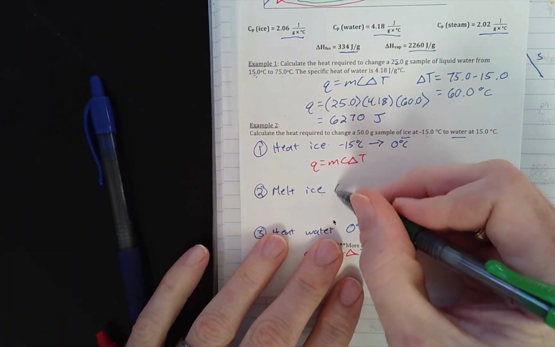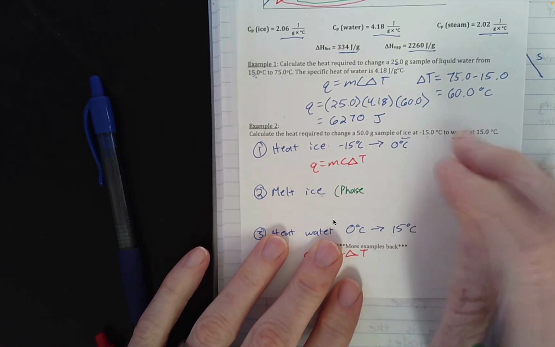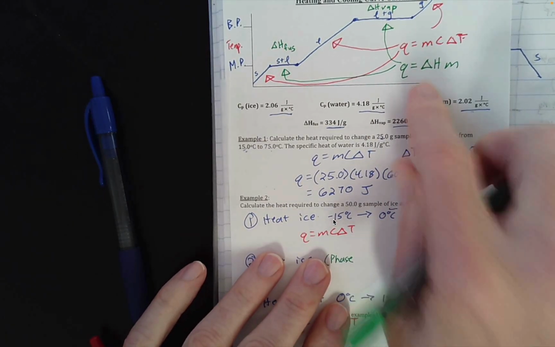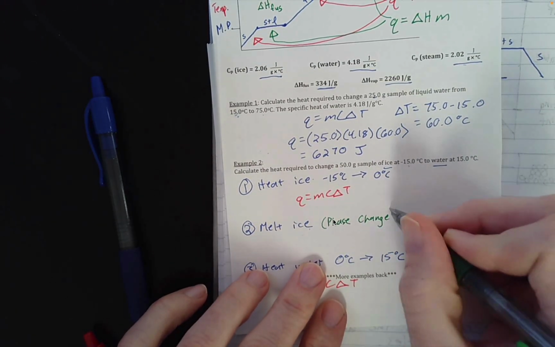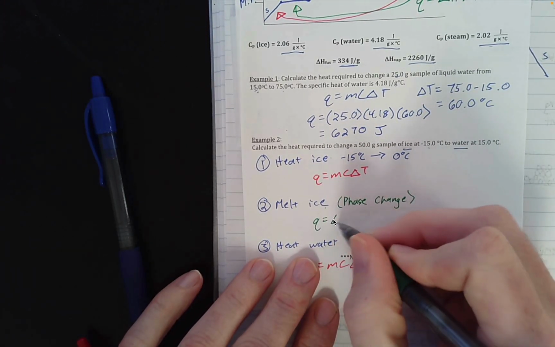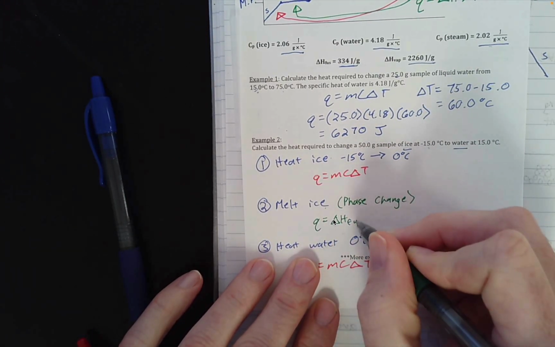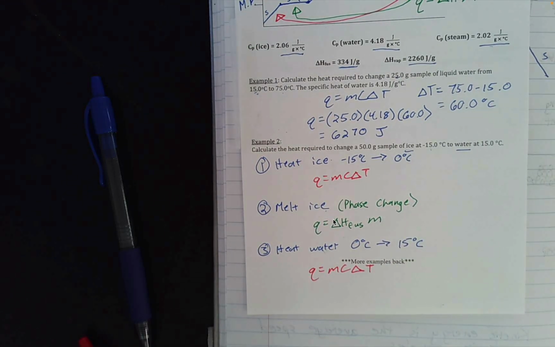So keeping with the color code like we were before, above, up here, phase change, we're going to use Q equals delta H of fusion times M, okay? That's the game plan.